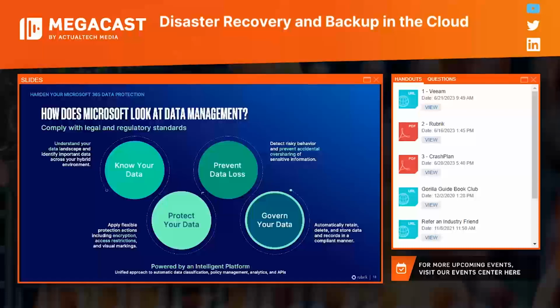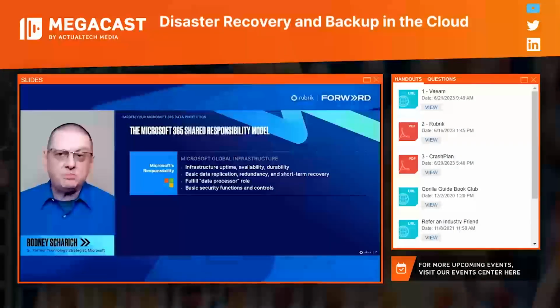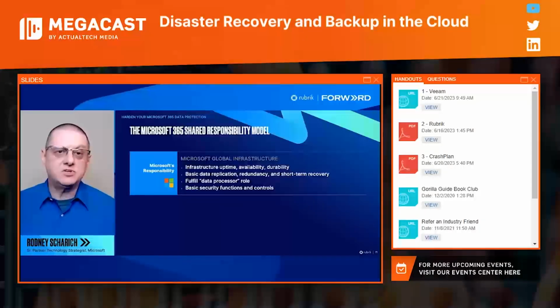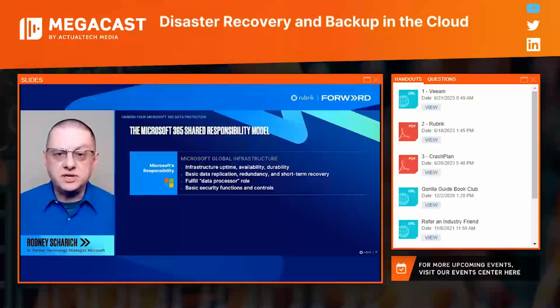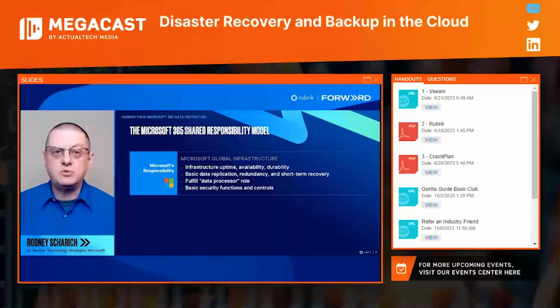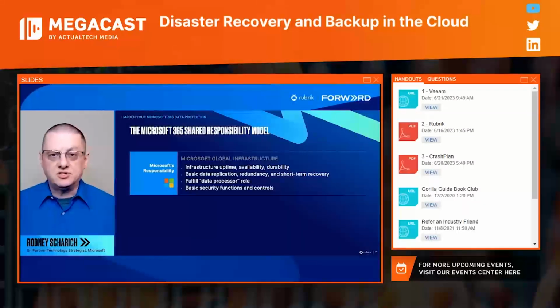All of this is to help you manage your data, because as part of the Microsoft 365 shared responsibility model, we at Microsoft will make sure that the infrastructure is up and the services are available. We will have multiple copies of your data so that if there's a localized outage or issue, there's redundancy.